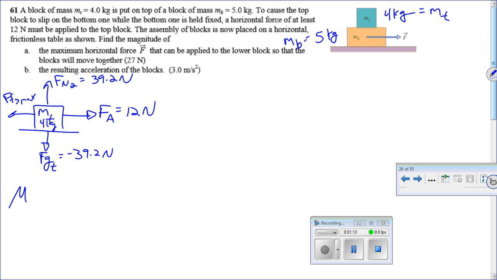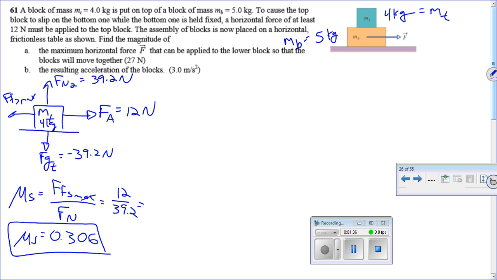So I can find my coefficient of friction by taking my maximum force of static friction and dividing it by the normal force, if you rearrange the maximum friction equation. So that gives you 12 over 39.2. And you discover that that coefficient of friction is 0.306. So that's the coefficient of friction between the two blocks.